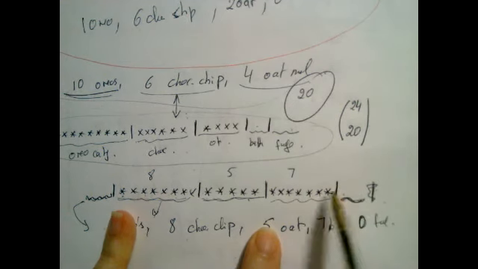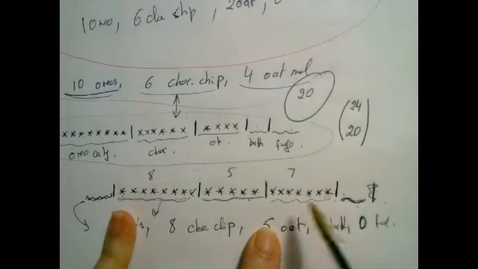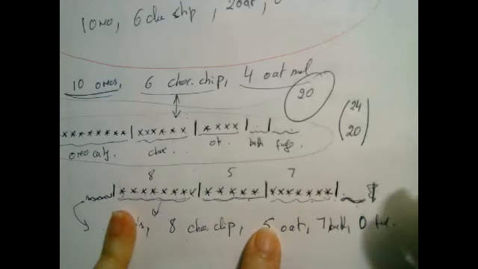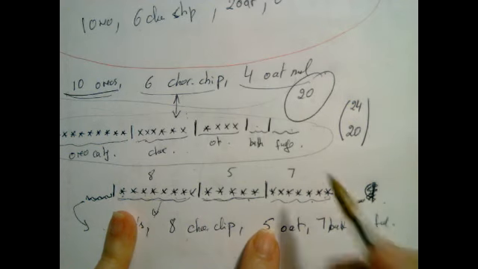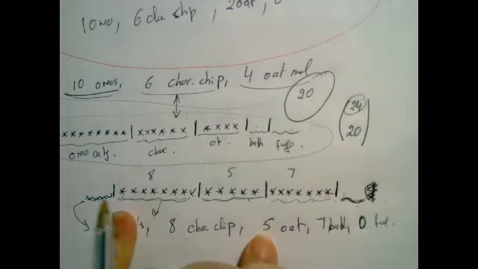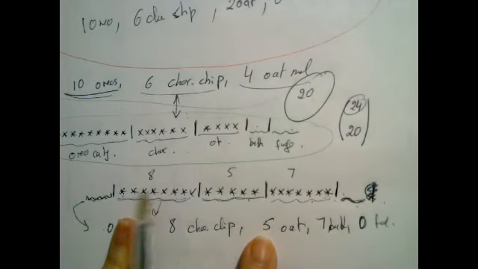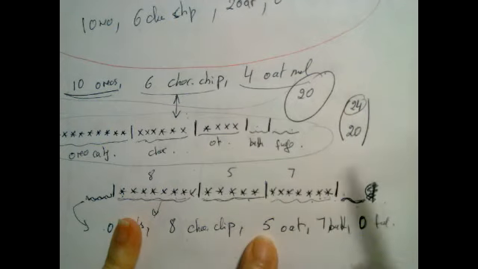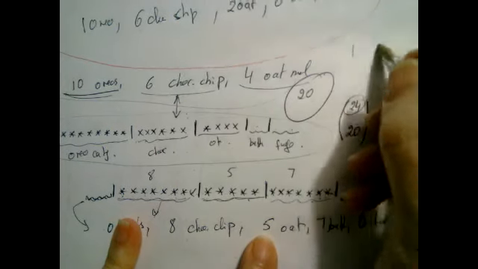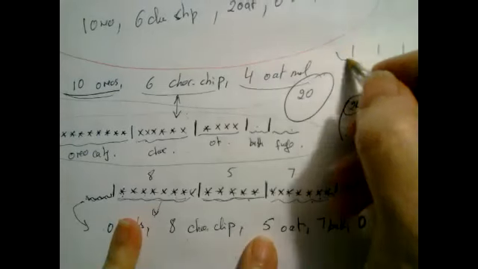So the 4 is coming from the number of categories I have, which is 5, minus 1 because I don't need the last one. I only need 4 separators. I actually don't need 5 because to separate 5 categories, I need 4 of them.